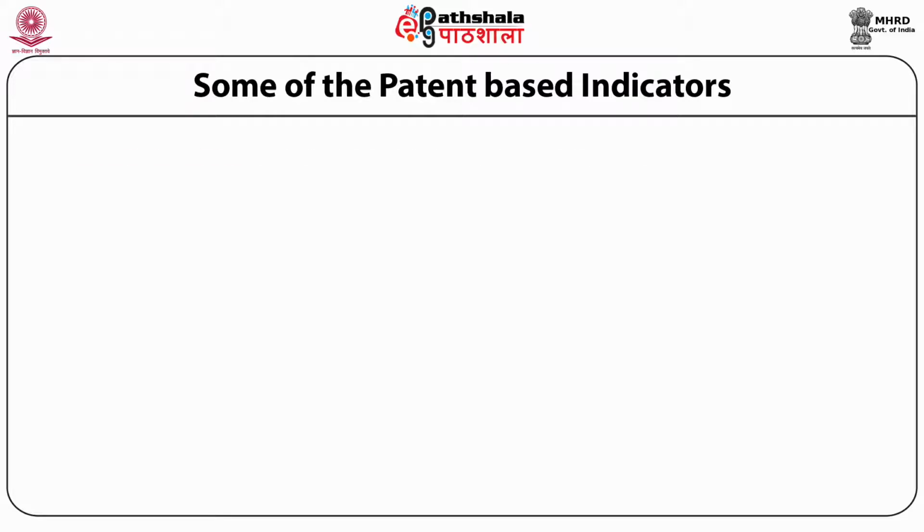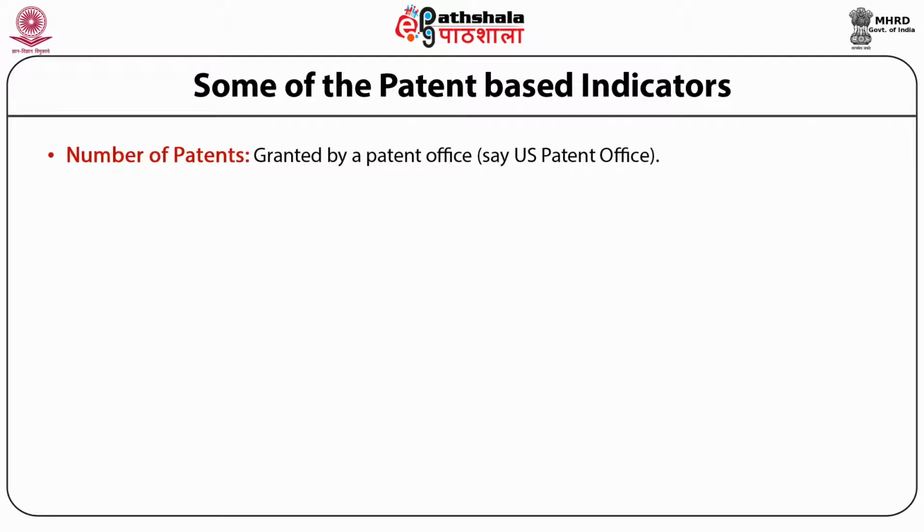One is simply the number of patents, say, granted by a patent office. It can be the US patent office, the Indian patent office, to a firm, to a country. Here I am not talking of a sector, but I can also talk of the number of patents in a technology, in a particular sector or a subsector.